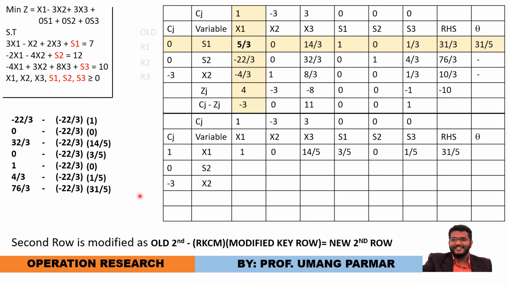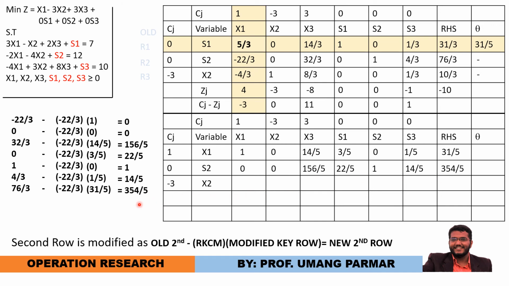I got the answer 0, 0, 156/5, 22/5, 1, 14/5, 354/5. So this is how I got the new second row: 0, 0, 156/5, 22/5, 1, 14/5 and at last 354/5.